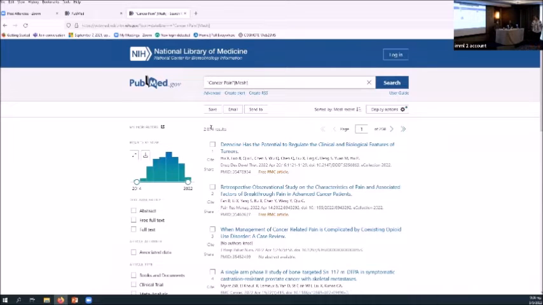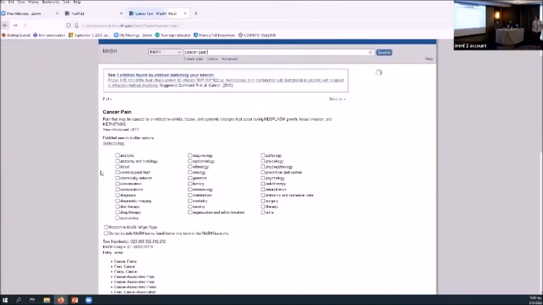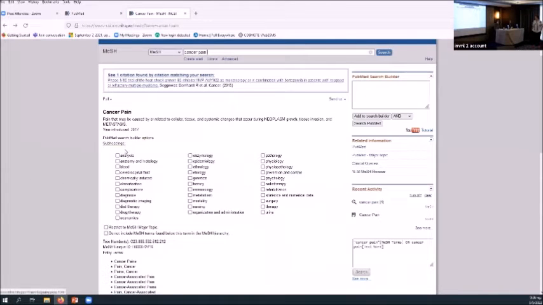At the top of the page, there are 2074 results, and then we want to go back and see that there are subheadings that help us narrow down our search.